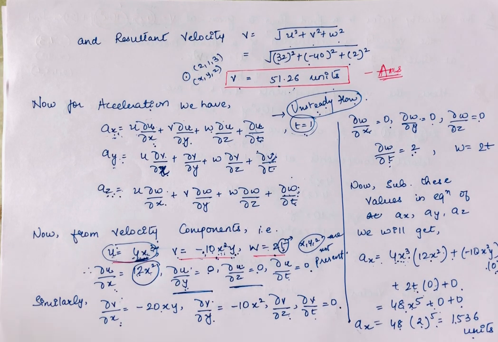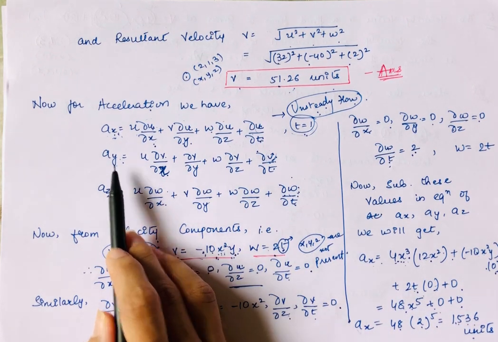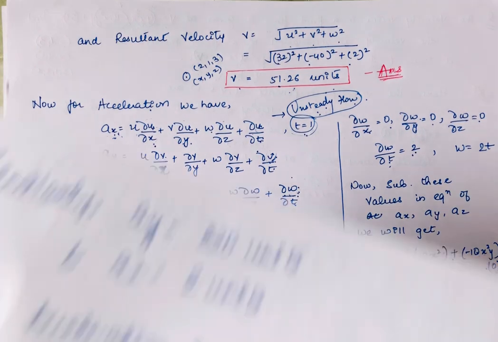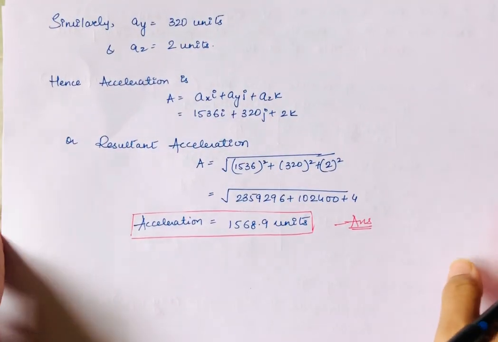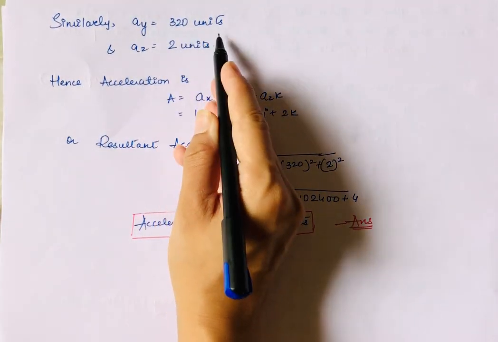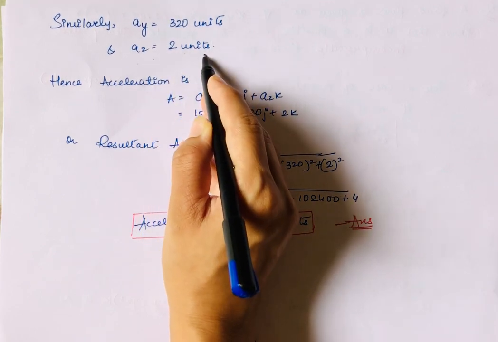So for the acceleration in x direction, we are getting the value of 1536. Similarly, substituting all such values for the acceleration in y and z direction, we will get ay equal to 320 units and az equal to 2 units.